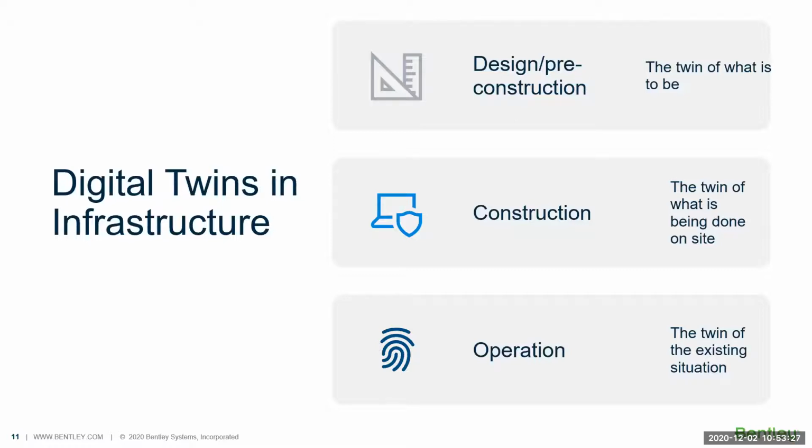In construction, the twin is what is being done on site, just like Paul mentioned. And in operation, the twin is what the current status is. If you're just looking at 3D models or BIM models, they can only give it to you once, at the design stage. It's not giving you the construction or even the current stage. That's why we need digital twins here.